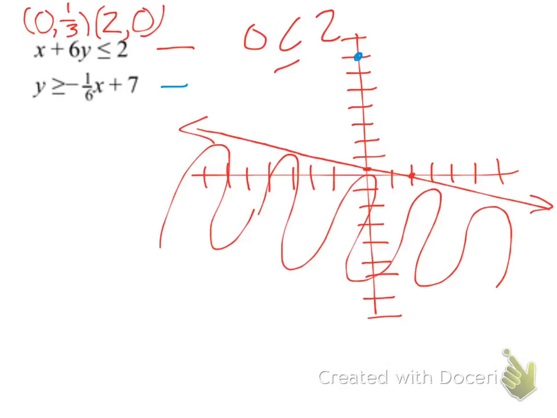Down 1 over 6. So down 1, 1, 2, 3, 4, 5, 6. Is about there? Yep. It's also a solid line, I think we established.